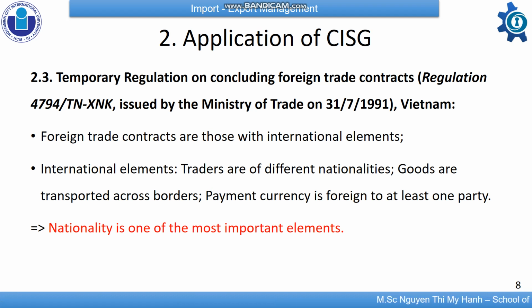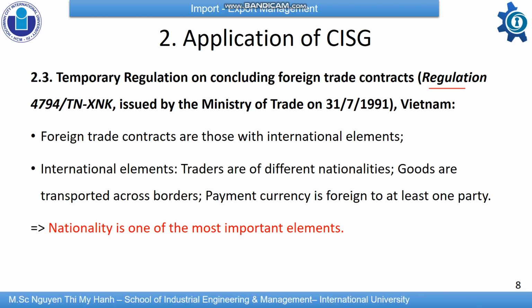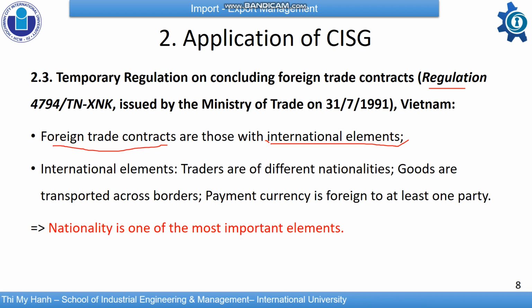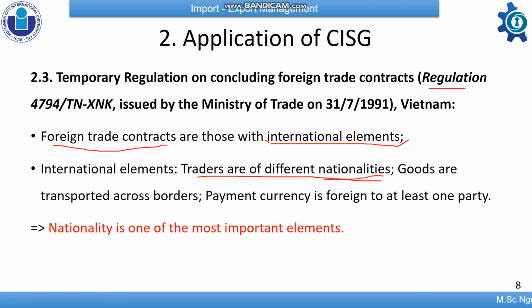How about in Vietnam? So consider the regulation 4794 TNX and K issued by the Ministry of Trade in 1991. We see that they determine the foreign trade contracts are those with international elements. Okay, and what are international elements? International elements include, like, the traders are of different nationality. So the first one, nationality.